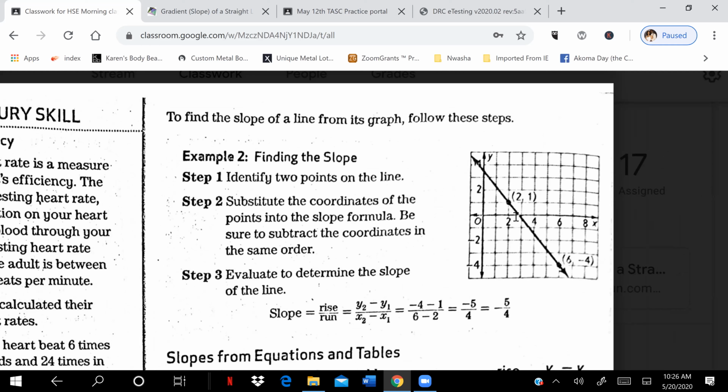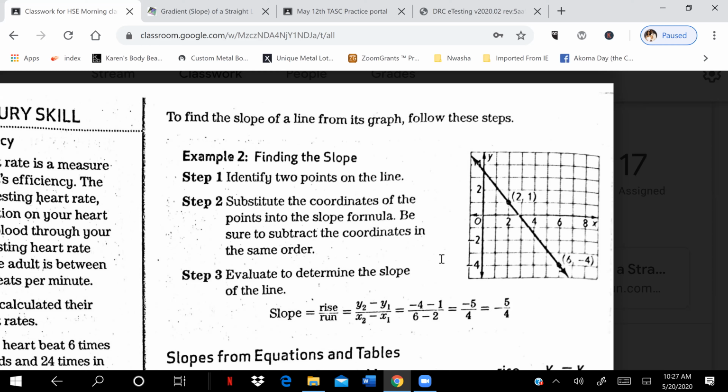So that's what I mean, if you have to identify the 2 points, you might as well pick out 2 easy points for yourself and say, okay, this one is perfectly at 2, 1, and this one is perfectly at 6, -4. Is that making sense? Then you don't have to deal with decimals, fractions. You're looking for the point that you can clearly say is a whole number, if that's possible for you.